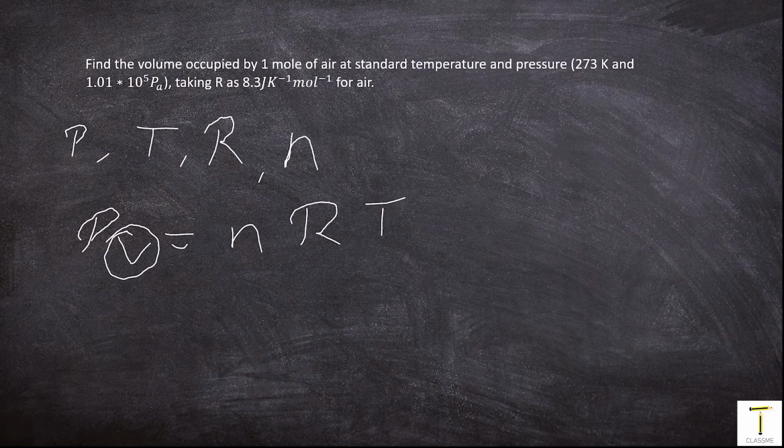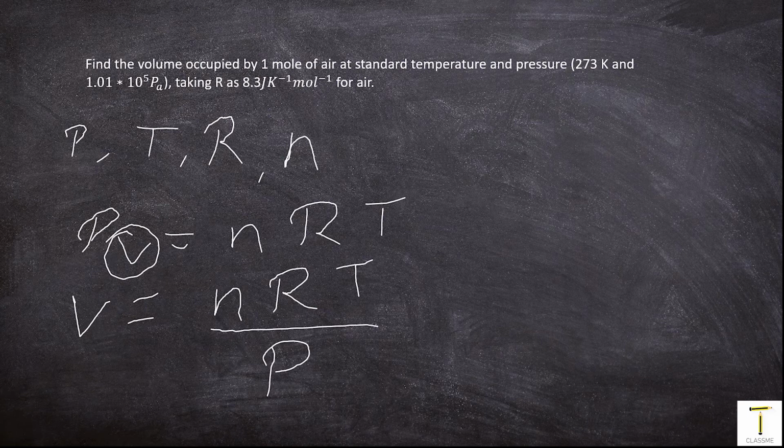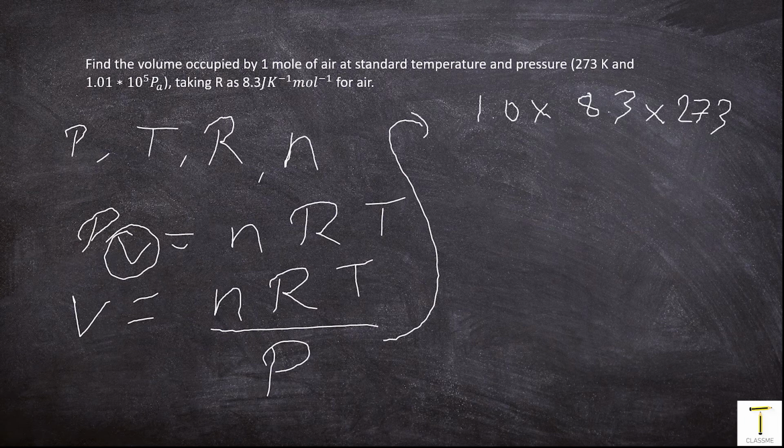To find the volume, just use PV equals nRT, so V equals nRT over P. Here, 1 mole times R, 8.3, times the temperature 273, over the pressure 1.01 into 10 to the power 5.